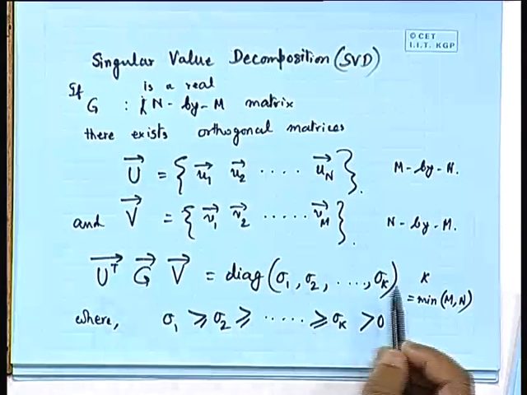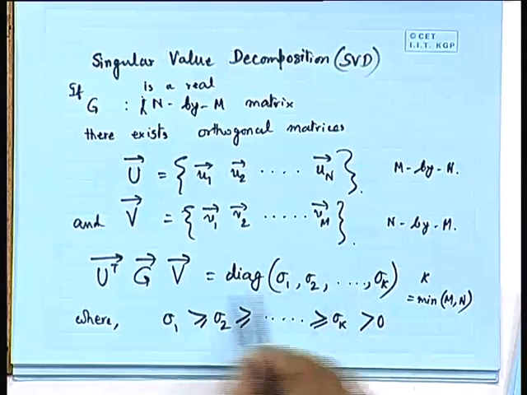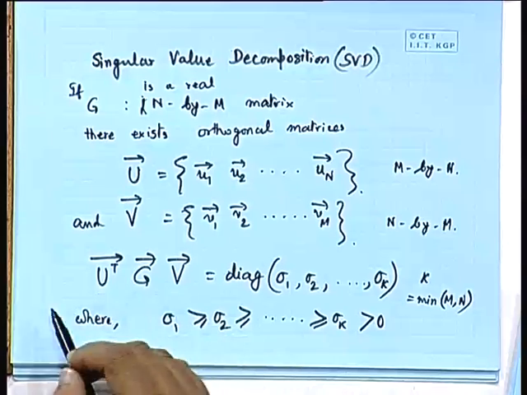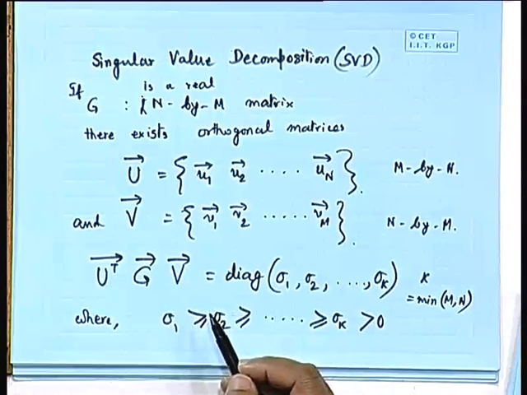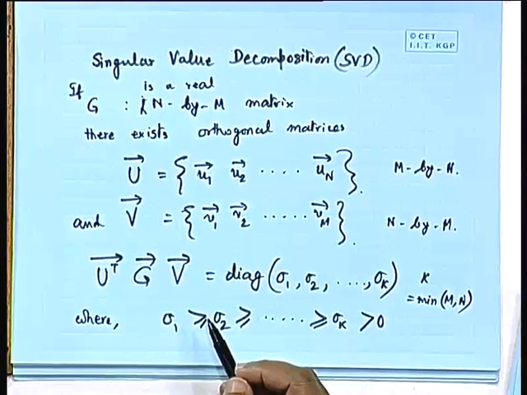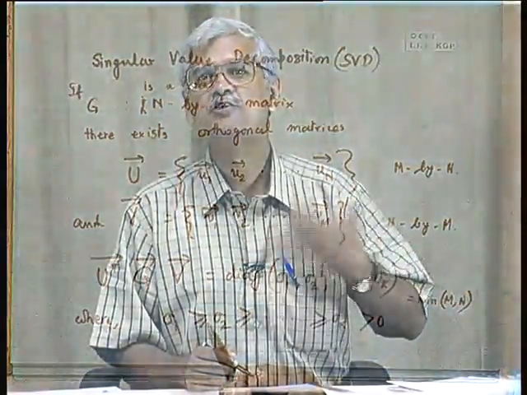Now, if G can be decomposed into singular values by finding these two matrices U and V, then it is possible to get back the pseudo inverse, the G plus matrix.